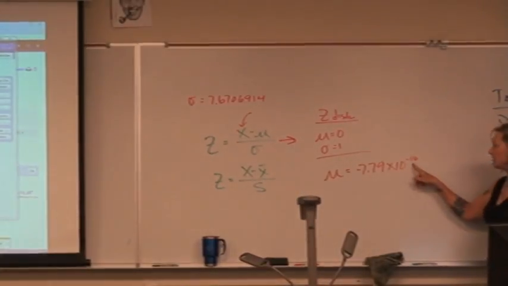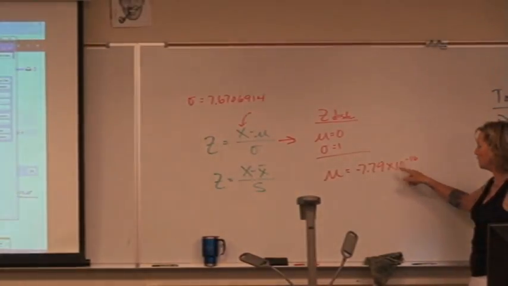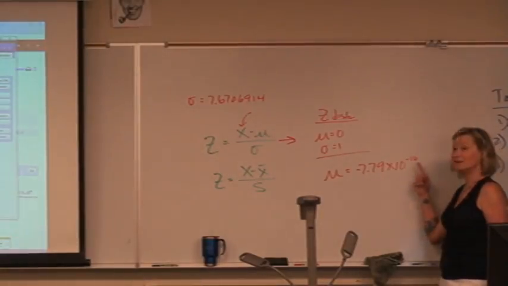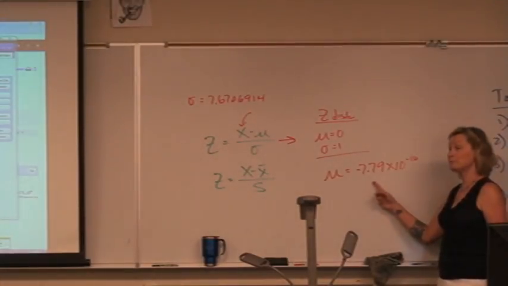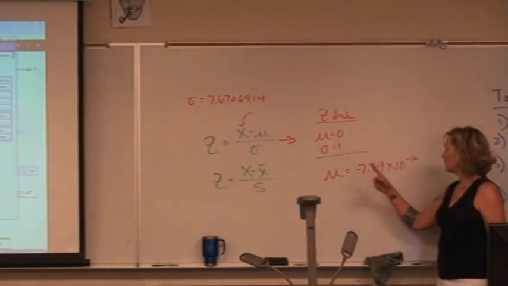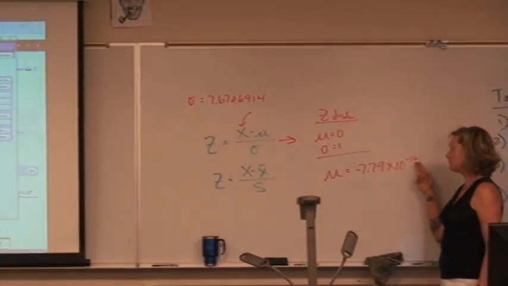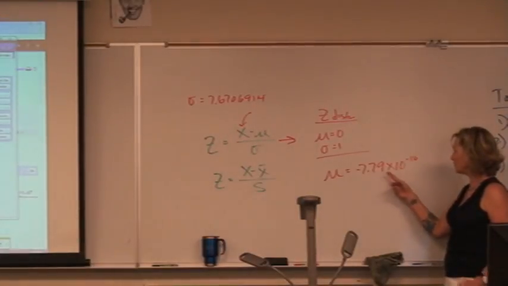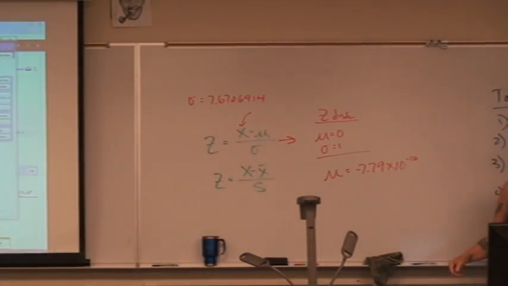Remember, negative 16 as a decimal point, it takes this decimal and moves it to the left. How many places? 16. So this number is negative 15 zeros, 7.779, whatever. So really darn close to 0.